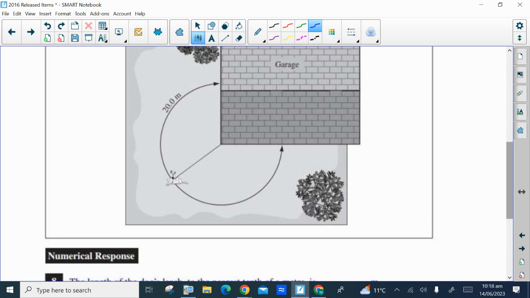So again, the circumference of 3/4 of the circle, the path, is actually 20 meters. That's 3/4 of the circle, okay?